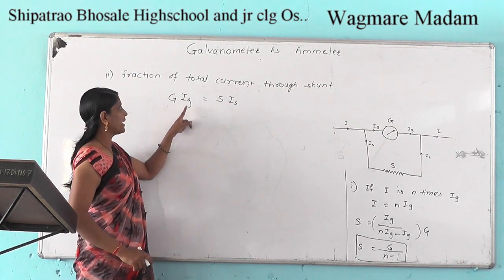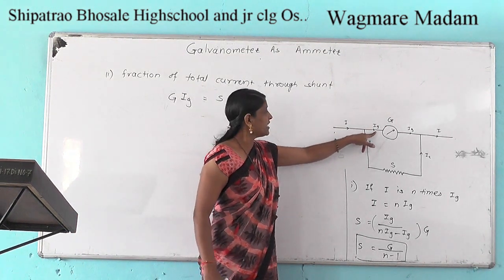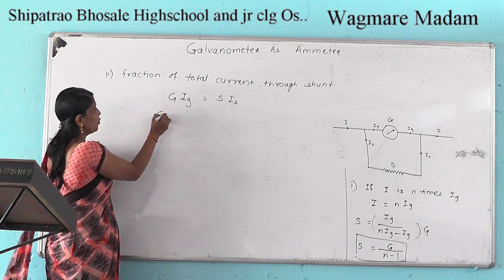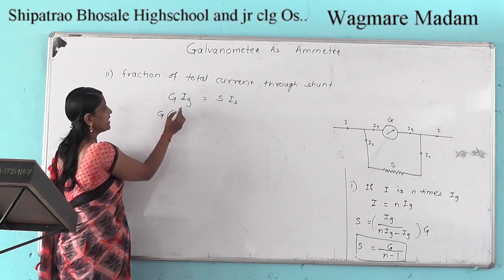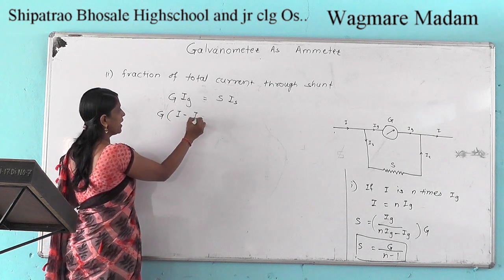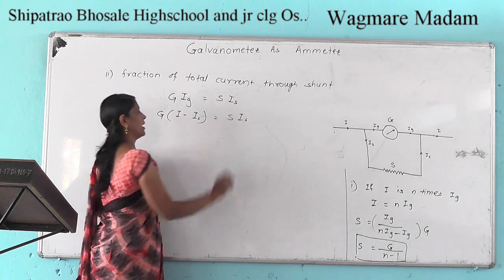Now we know that this current Ig is equal to I minus Is. Therefore, instead of Ig we can write I minus Is is equal to S into Is.